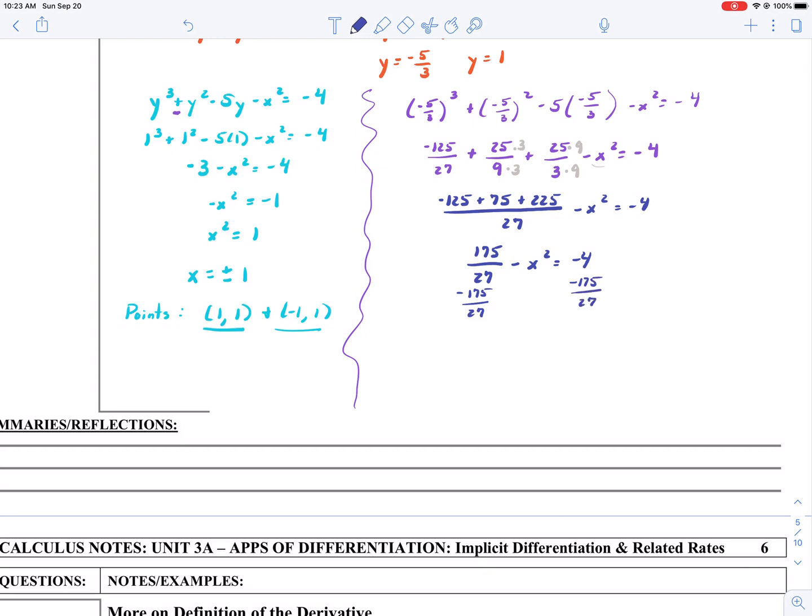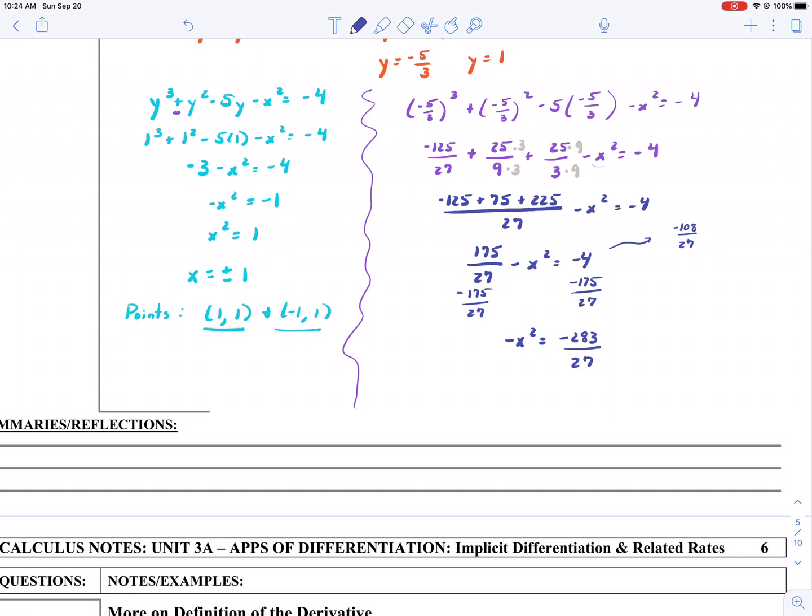And that negative 4 is going to certainly come into play, right? The negative 4 is negative 108 over 27. So 27 times 4 if I wanted to get that common denominator. So what I have here is negative x squared equals negative 283 over 27.